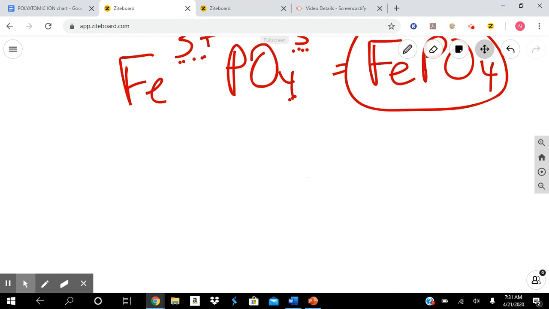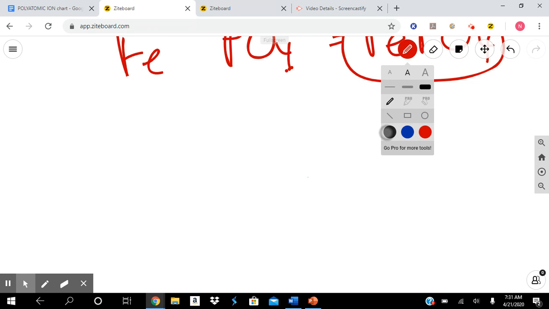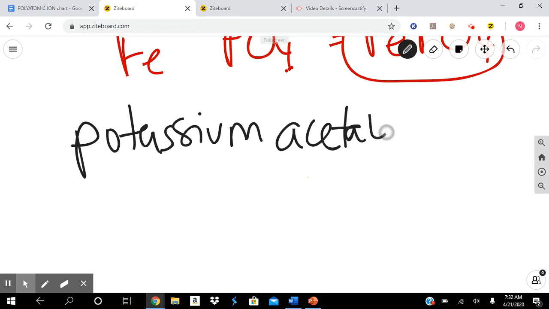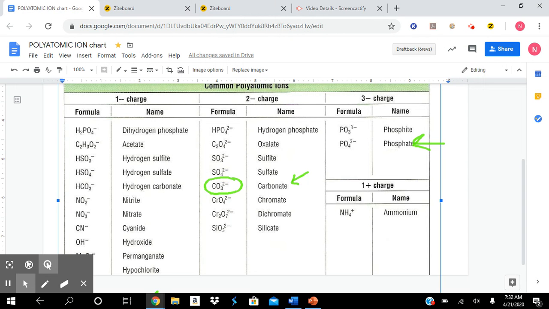All right, the next one that we have to check is potassium acetate. And I just realized I think I chose everything that ended in ate for the most part. All right, so potassium is K. It's in group 1, so it has 1. Acetate is up here, and acetate looks kind of funky. It's C2H3O2.